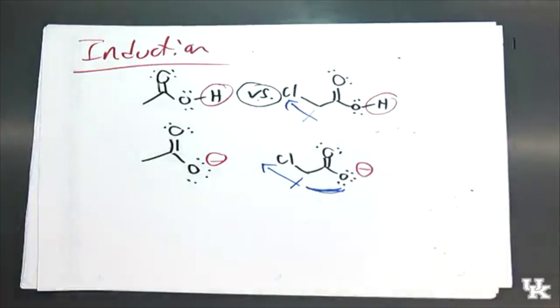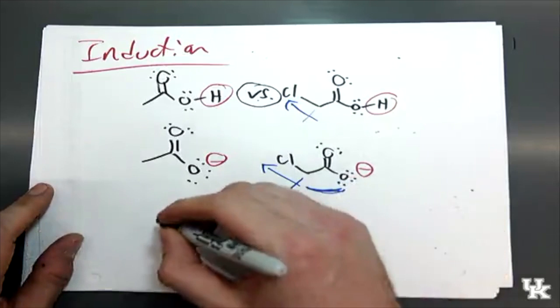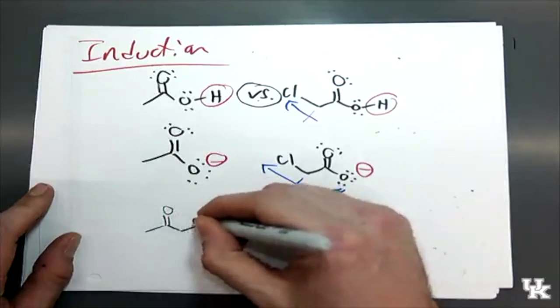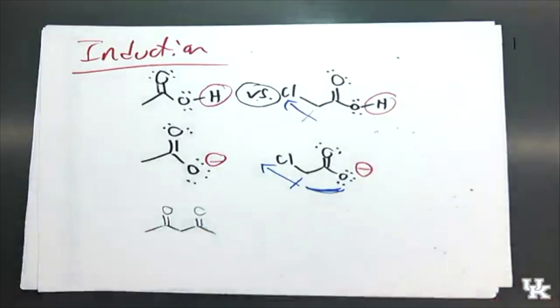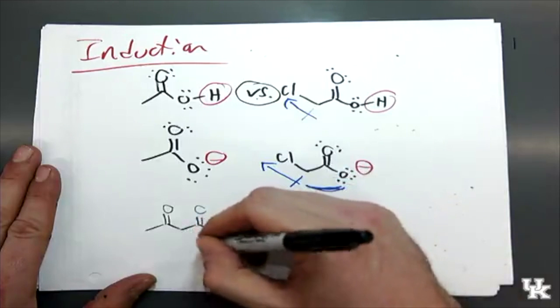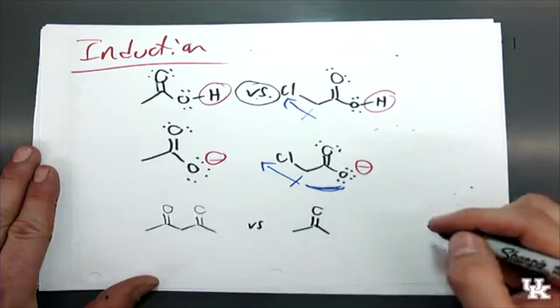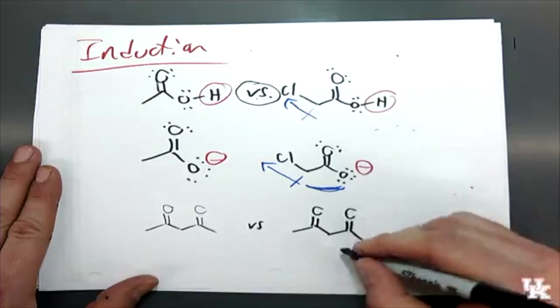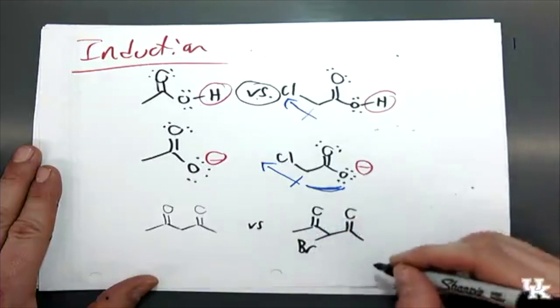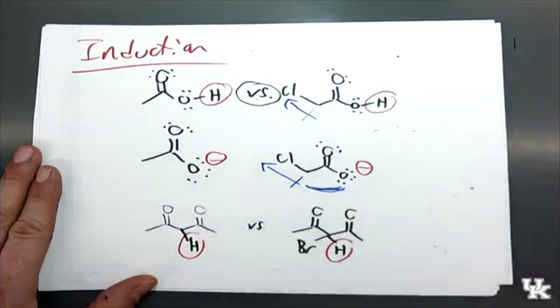And it can be anything that's as simple like this to something that's a little more complicated, such as if we have these two molecules, and the most acidic proton is here.